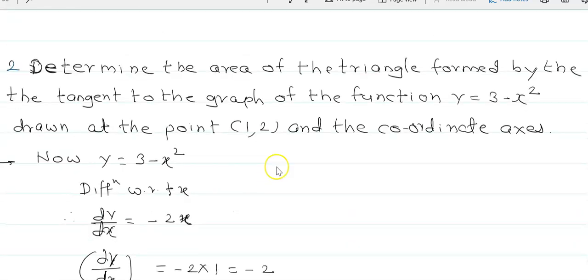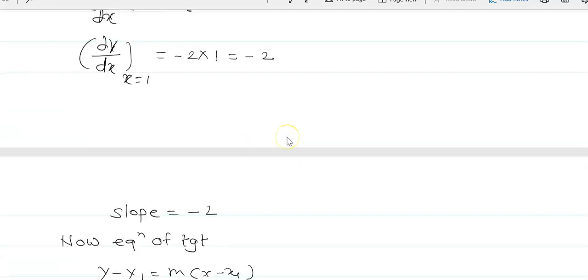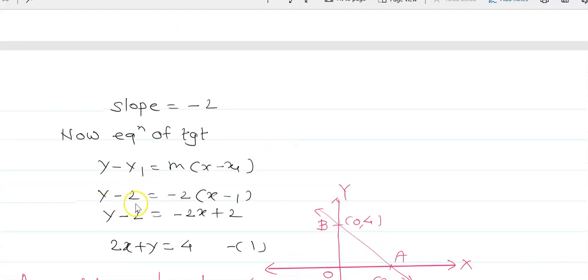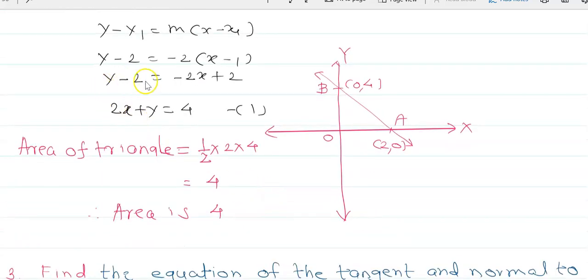We have the point 1, 2. Therefore, y minus 2 is equals to minus 2 in bracket x minus 1. y minus 2 is equals to minus 2x plus 2. Therefore, 2x plus y is equals to 4. This is the equation of the tangent.